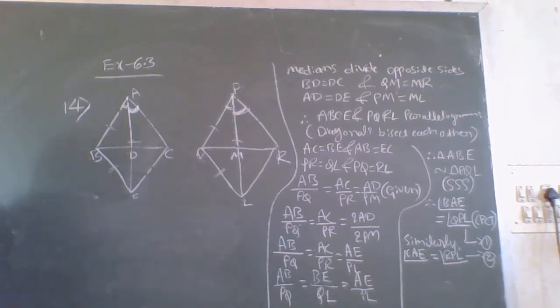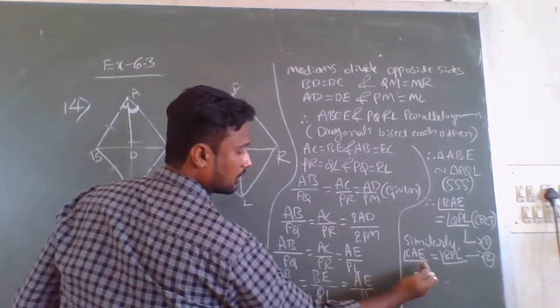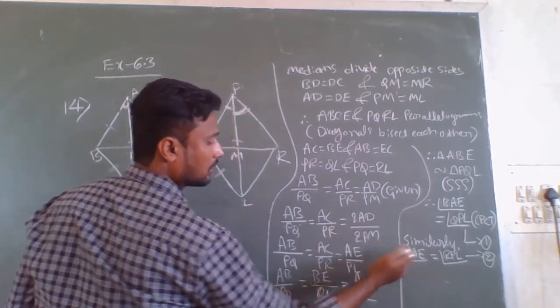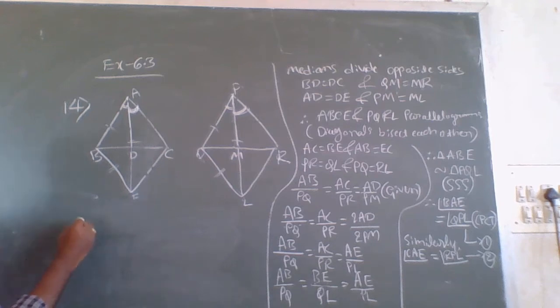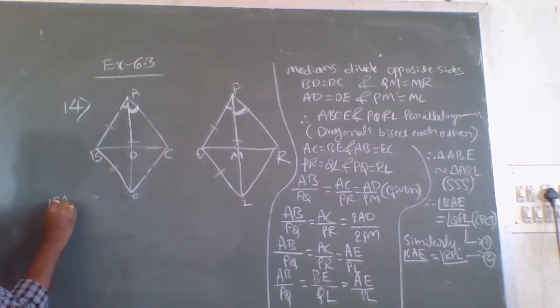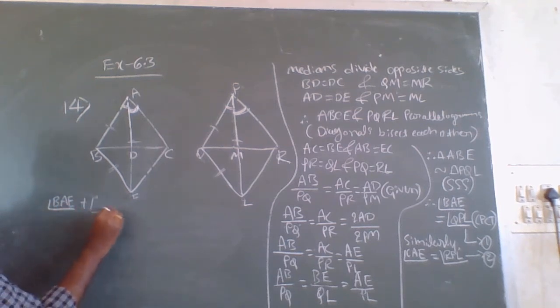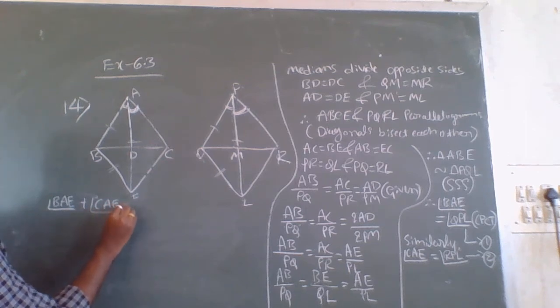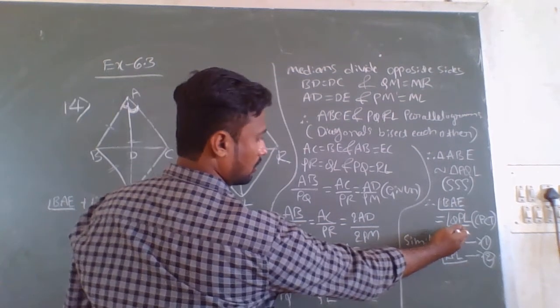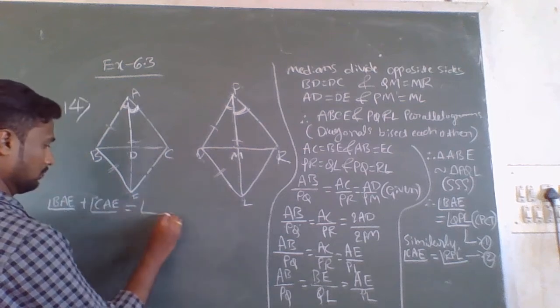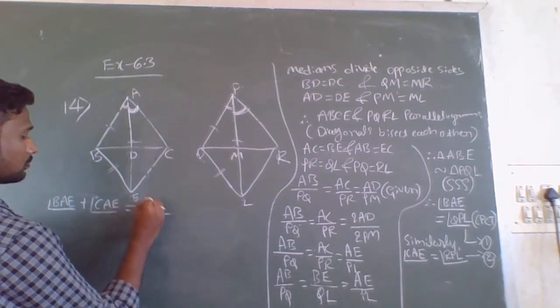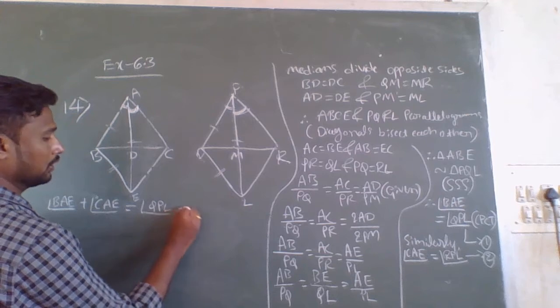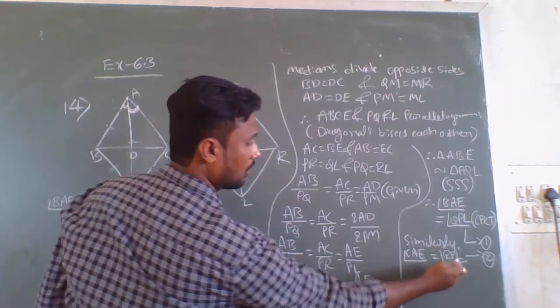So here I will write: first we will consider the left hand part, angle BAE plus angle CAE, equals the right hand part, angle QPL plus angle RPL.